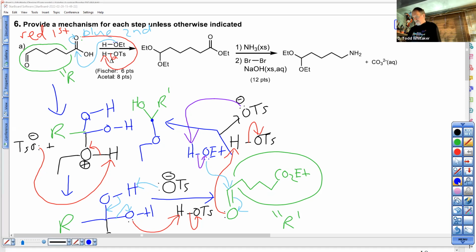So how do we get rid of the OH? Well, let's make it a better leaving group. Step one, make it a better leaving group. HOTs, lone pair, protonate. Now, don't try to do a backside attack on a carbon that's a hemiacetal.